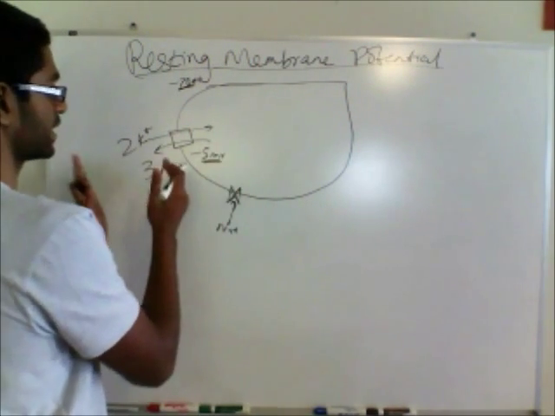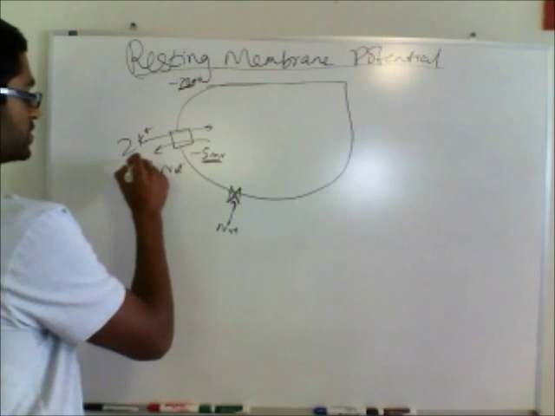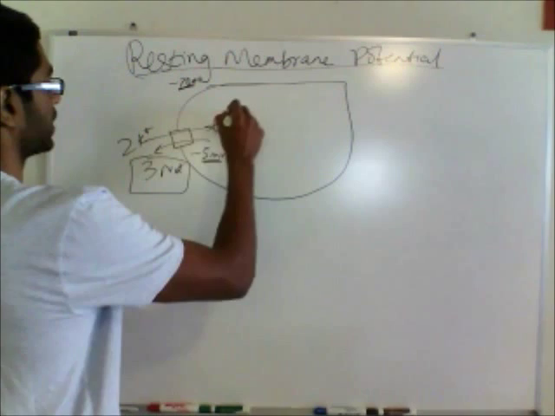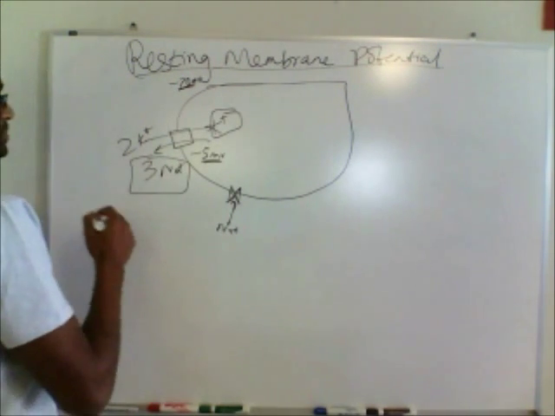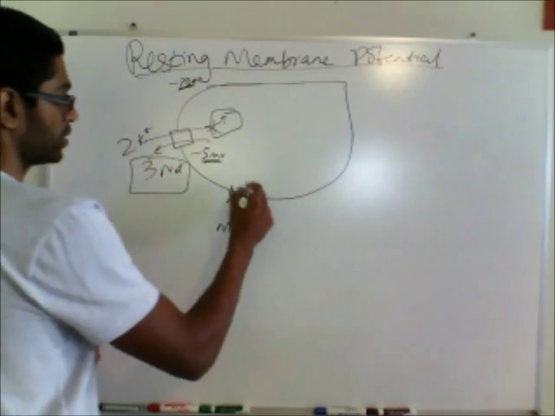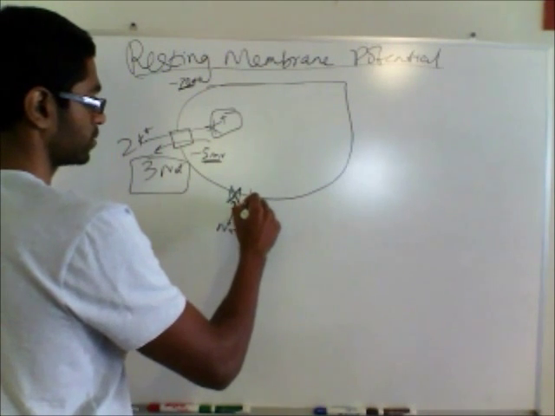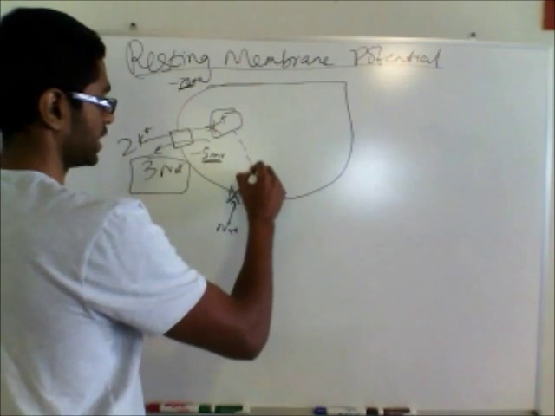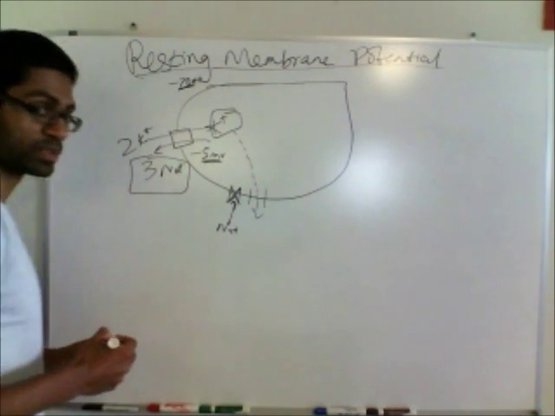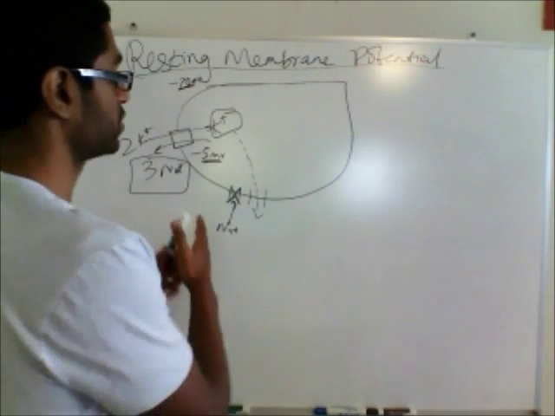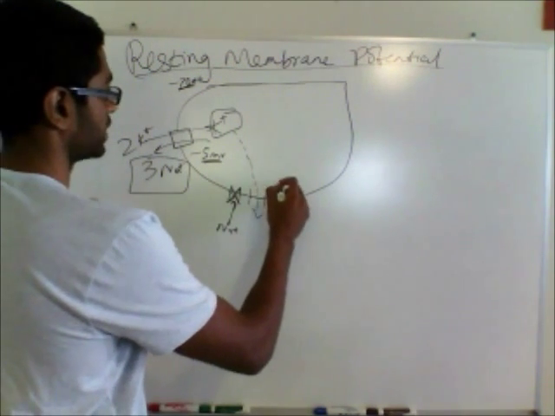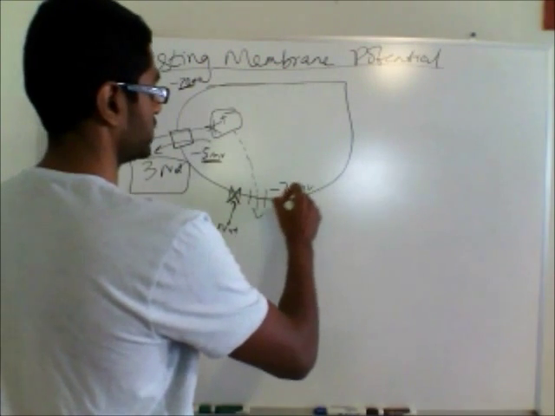This creates a concentration gradient, with a higher amount of sodium outside and a higher amount of potassium inside. Because there's more potassium inside, the cells have potassium channels through which potassium can just leak out. It's called a potassium leaky channel. With multiple channels, the potassium leaks out, thereby getting -70 millivolts.